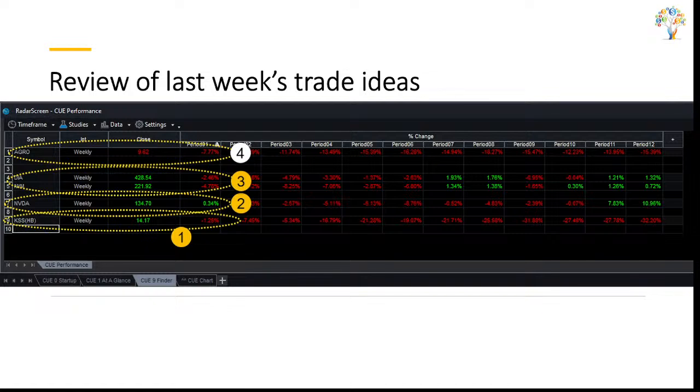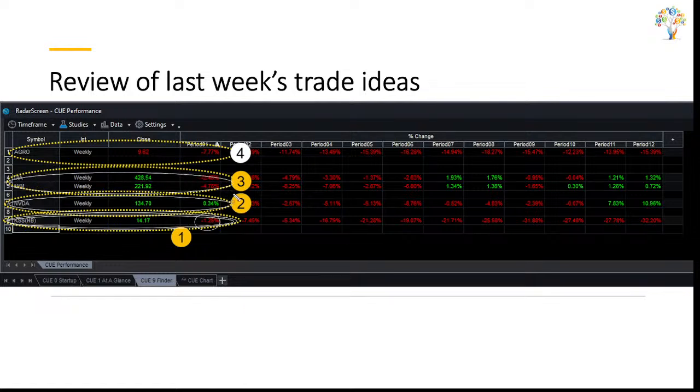Review of last week's trades. I mentioned not a trade but a stock in my watch list to be added, KSS, a very high dividend paying stock, which came down. I will look at the charts later. It was not a buy setup, it did not give a buy setup. Nvidia, I was holding a short position. I booked partial profit as I already mentioned, closed that with a profit, holding partial position with long put vertical.